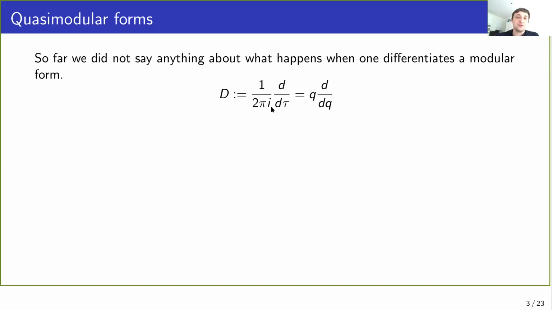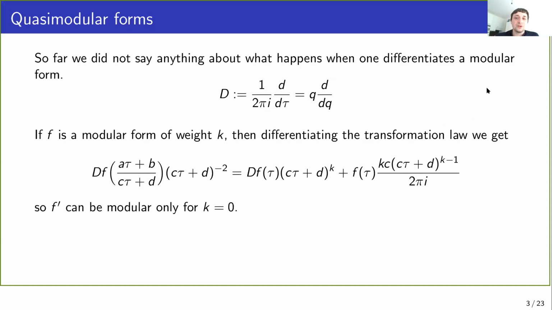There's some normalization constant here to make it preserve the rationality of the q-expansion. D is just differentiation in tau, renormalized, or what's usually called the Euler differential operator in the q-expansion. What it does is multiply q to the i by its degree.